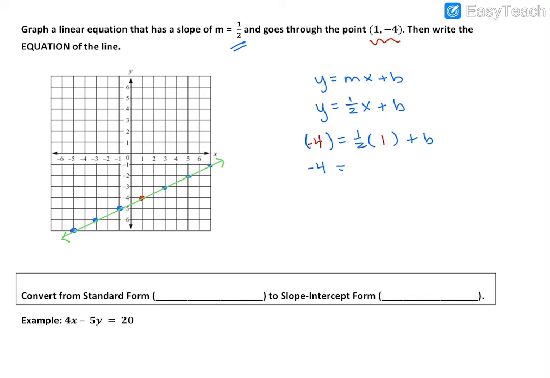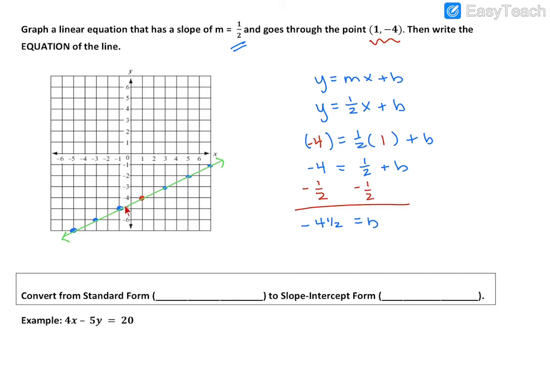So -4 equals 1/2 times 1 is 1/2 plus b. Now, I'm going to have to subtract 1/2 on both sides to get b alone. And I'm going to get -4.5 is equal to b.